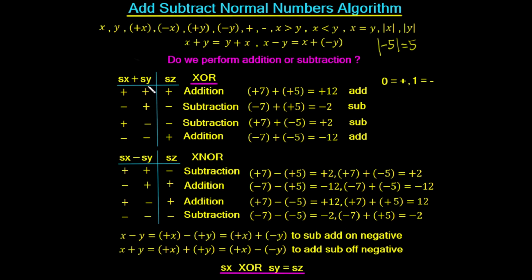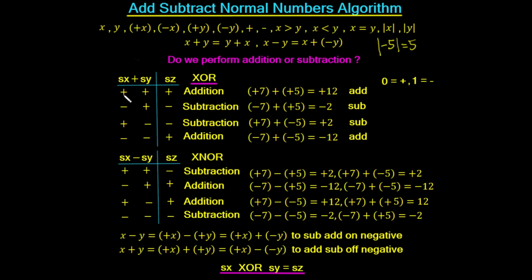So you'll notice that this here is actually the truth table for an exclusive OR. Now in our 32-bit floating point arithmetic, we know that the first bit tells us the sign of the number. So if the first bit is a 0, the sign is positive, and if the first bit is a 1, then the sign is negative.